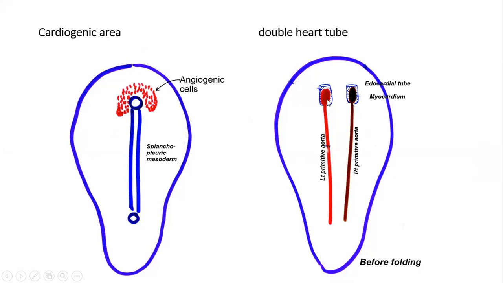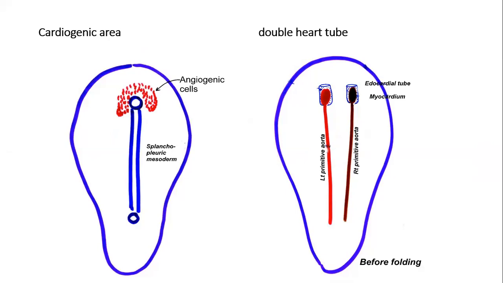Now, here you can appreciate the myocardium outside and the endocardial tubes. There are two tubes, right and left, and there will be two aortas. Primitive aortas will be two, right and left. Sometimes if these don't develop as they should, you can see, very rarely, a double aorta.